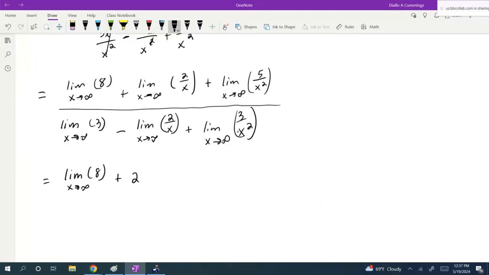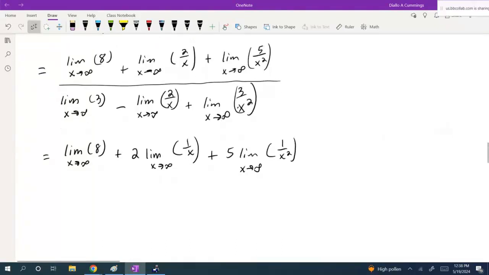So I can write this as 2 times the limit as x approaches infinity for 1 over x plus, I'm going to pull 5 in front of the limit operator, and I have 1 over x squared.